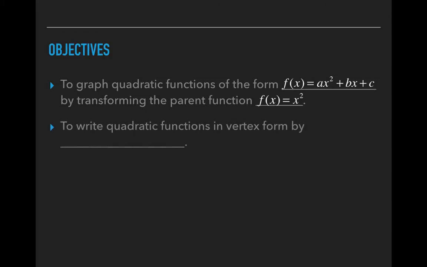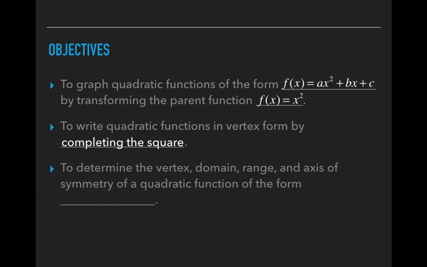Our next objective is to write quadratic functions in vertex form by completing the square. This is a process we looked at in our last section, so this is an opportunity to work with it again.